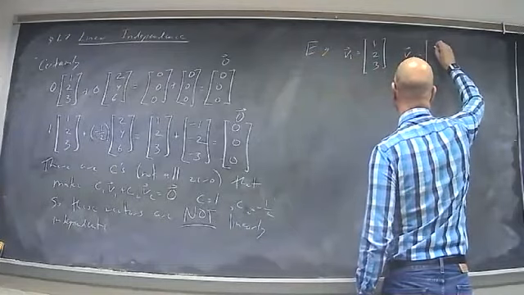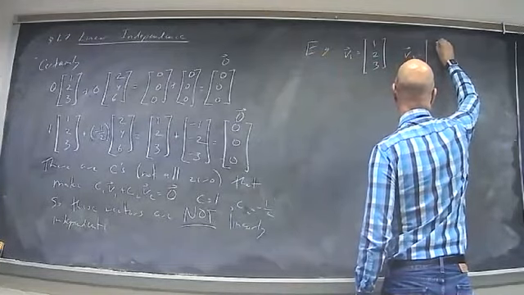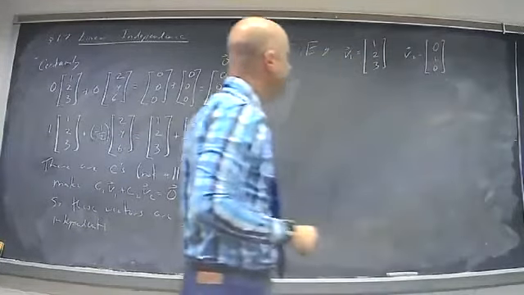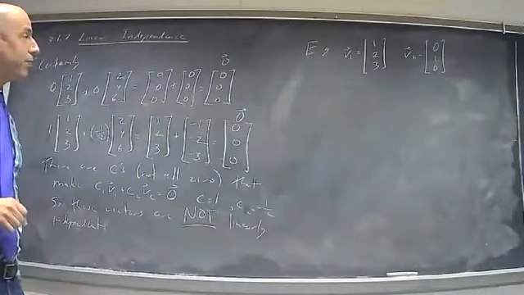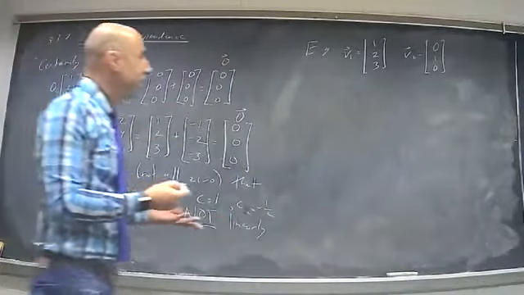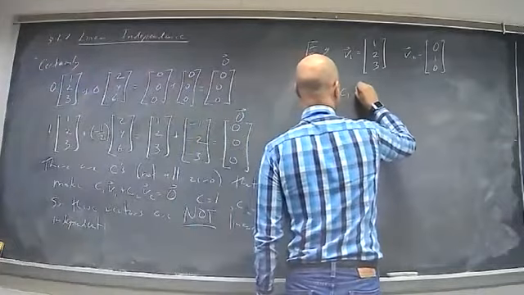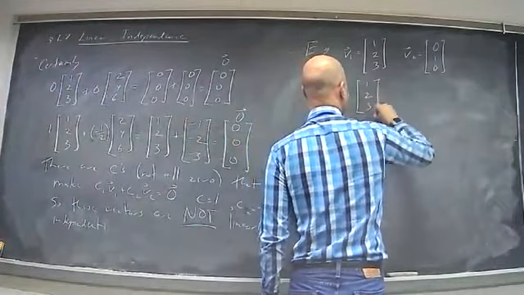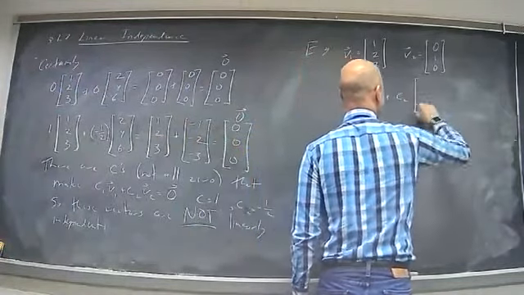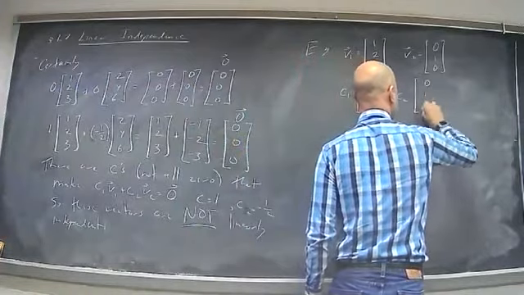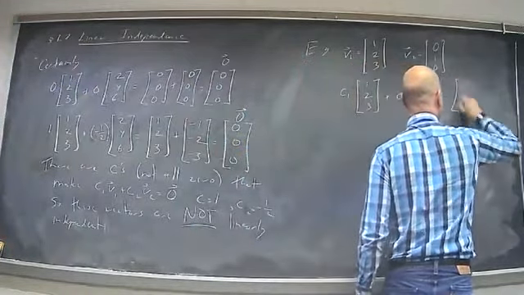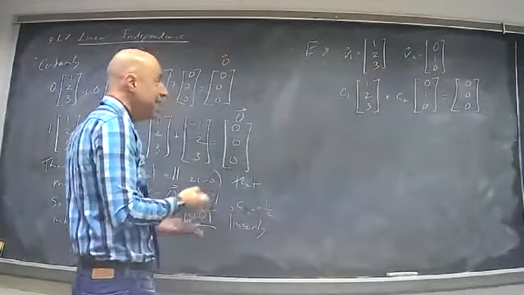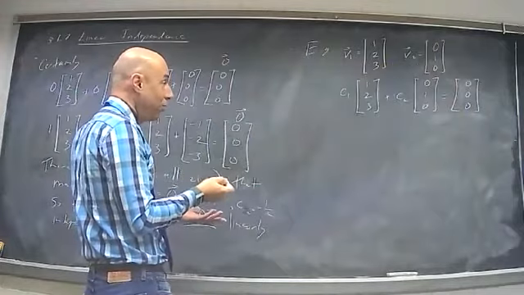How about 0, 1, 0? Now, certainly, if I took c1 times v1 plus c2 times v2 and set it equal to the 0 vector, certainly if c1 and c2 are both 0, this is true.